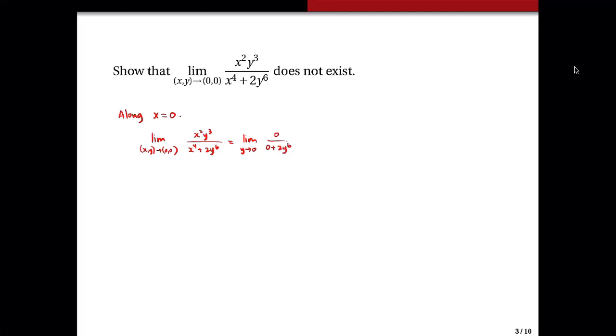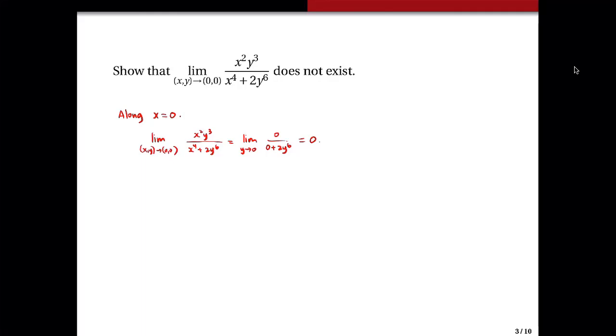And of course, the denominator is not 0 because your y only goes to 0. But the numerator is constant 0 because you let your x equal 0. So this is equal to 0. And then you choose another path. You can choose y equals 0, but along that path, the limit is still equal to 0.